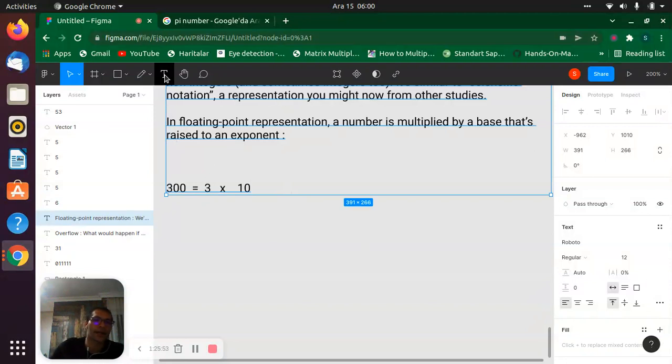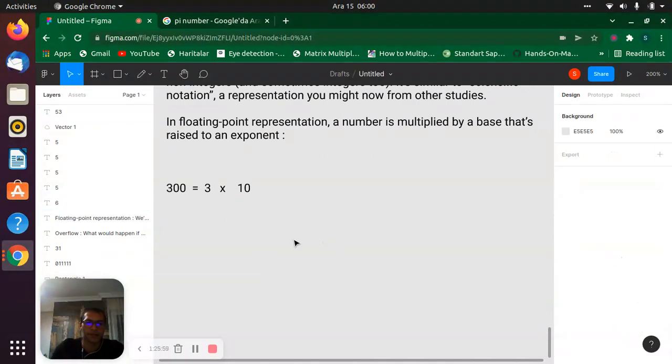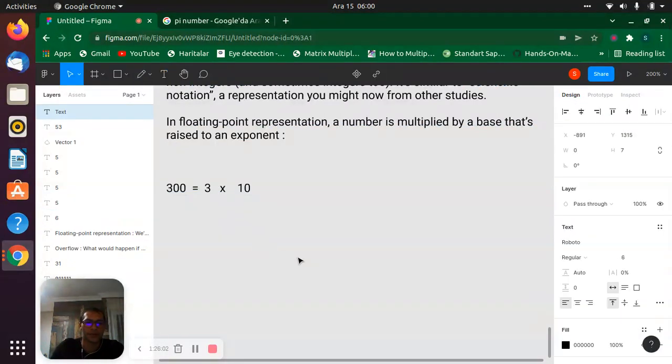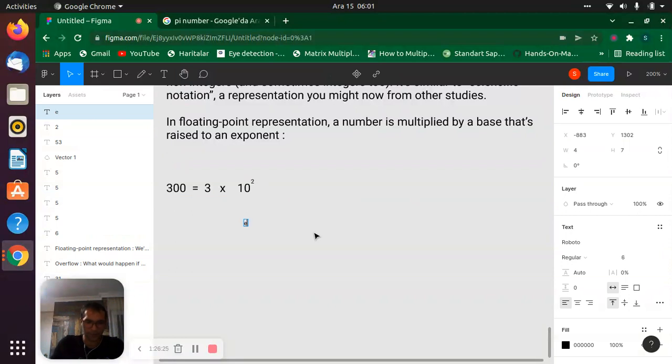Anyway, I will come here and say for this place, just take it 6, right? Come down and say this is the 2. Yes, 3 times 10 to the power of 2, it is already 300. We know that, right? And what I want to do is something here. I can say this one is exponent, right? Exponent.